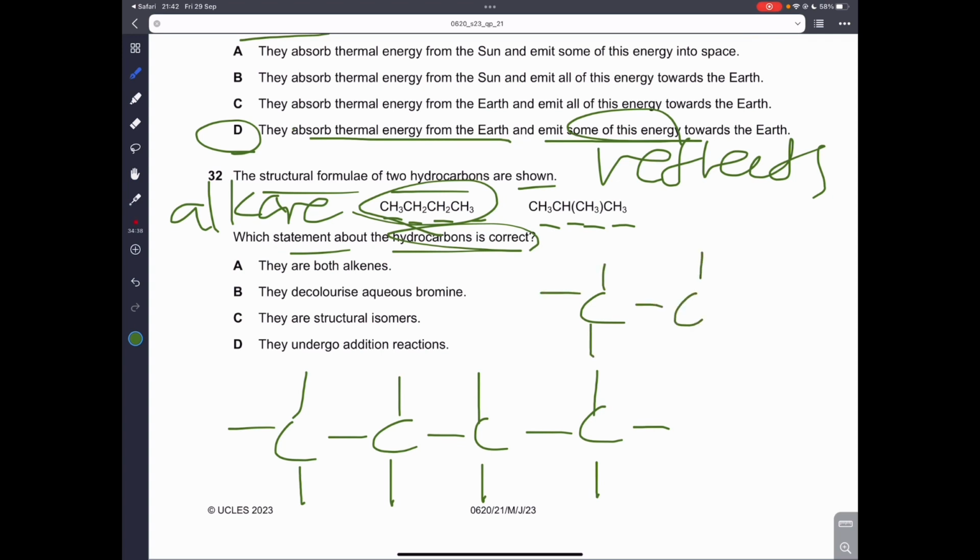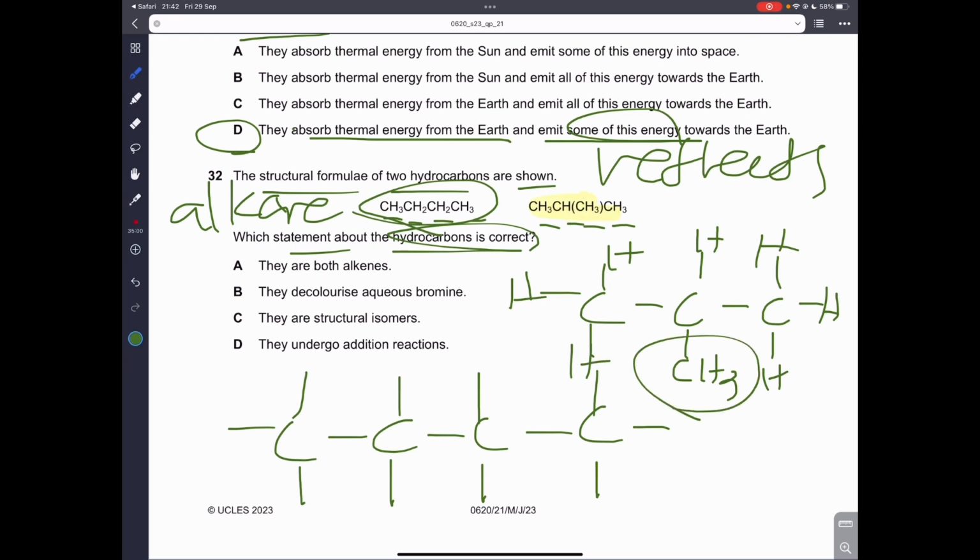CH3, CH, CH3. So this CH3 is going to be in the side chain. The one with the bracket is going to be in the side chain.